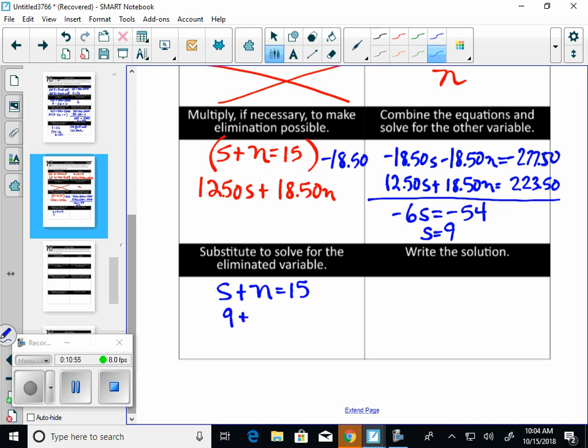So 9 plus N equals 15. So N equals 6. So the solution: one bought 9 student tickets and 6 non-student tickets.